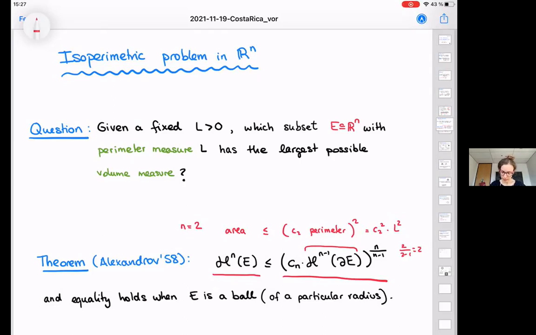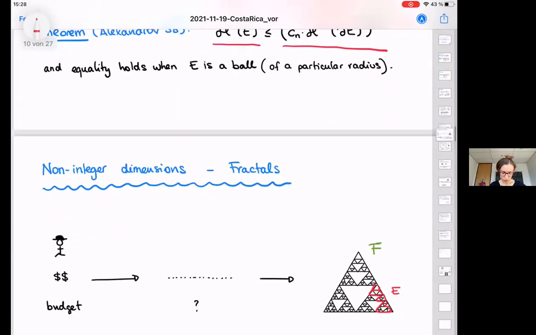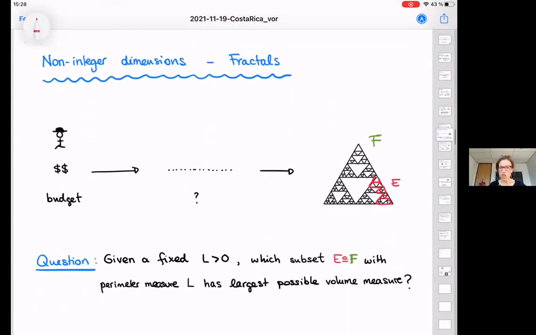And this is nice. Now we can say something about what happens in a general n dimension. Now, I am personally more interested in what happens when we are looking at objects that don't have an integer dimension. So something that would look like this.